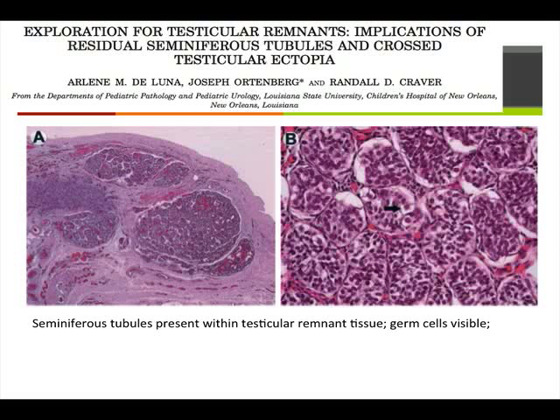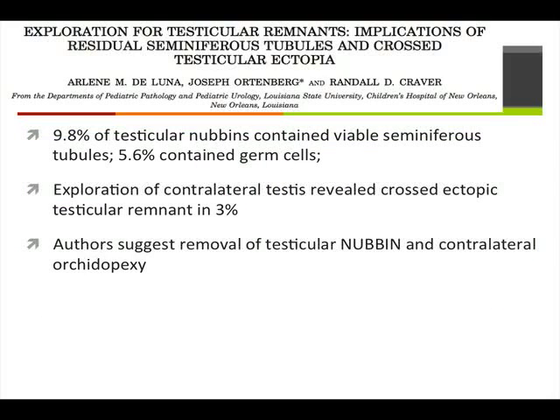Interestingly, this paper looked specifically at testicular nubbins. At time of laparoscopy, if they found a nubbin, they would take it out and do a histologic analysis, and they found there are seminiferous tubules and viable germ cells within those nubbins. 10% of the nubbins had seminiferous tubules, and 5% had germ cells.